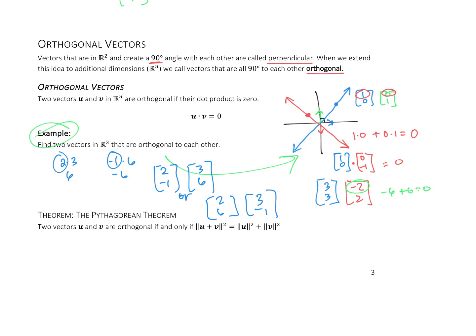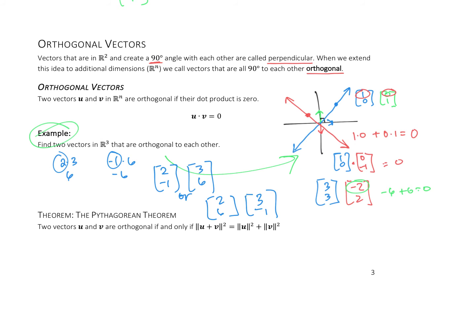The Pythagorean theorem, okay, so this is 100% directly related to exactly what we talked about in finding the distance to begin with. Two vectors are orthogonal if and only if the magnitude of their sum squared is equal to each of their magnitudes squared.